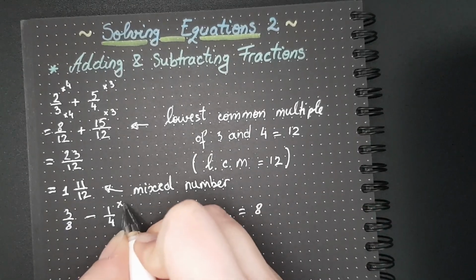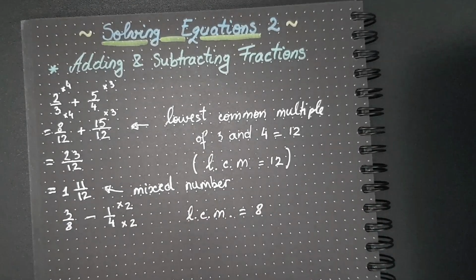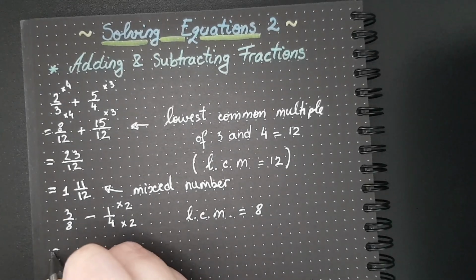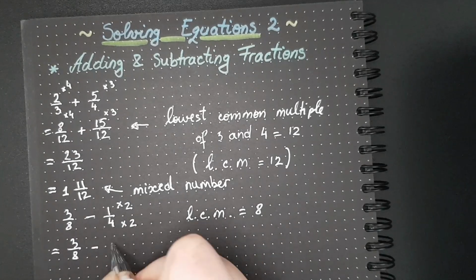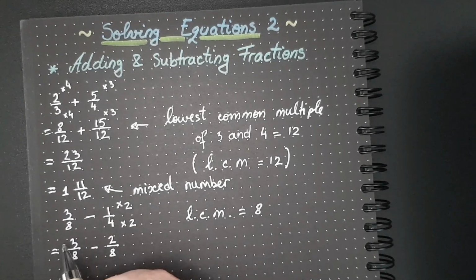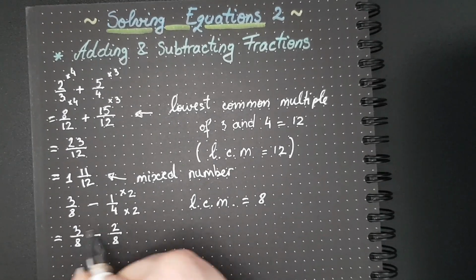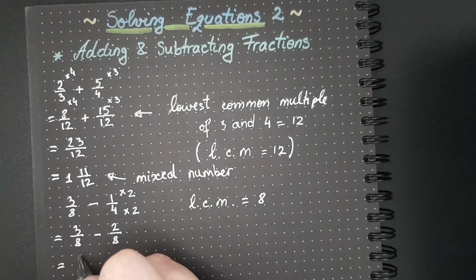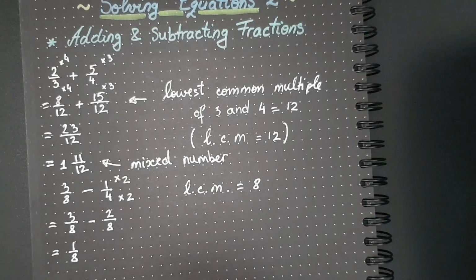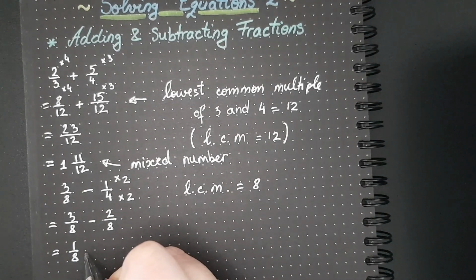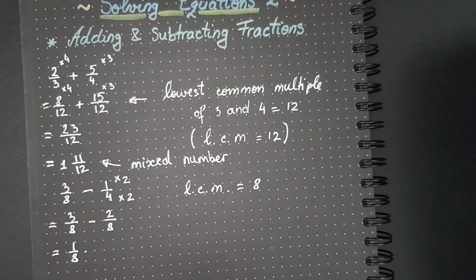So the only thing I have to do is multiply the second fraction by 2, both on the top and on the bottom. And 3 over 8 stays the same. Take away 2 over 8. So I'm just looking at the top bit. So 3 take away 2, that gives me 1. 1 over 8 is fully simplified. I can't change it into a mixed number or anything else. So that is my final answer.